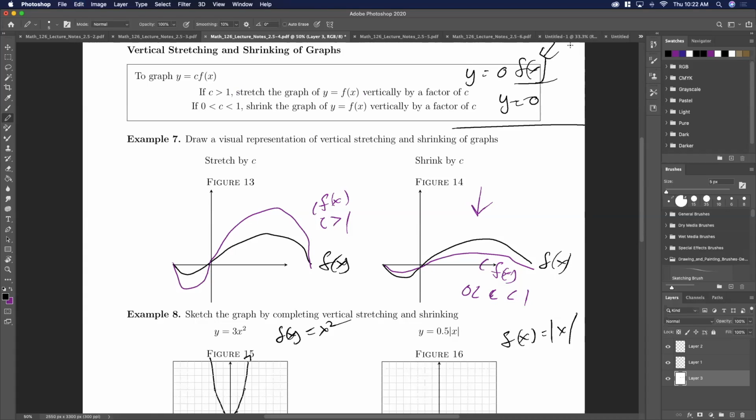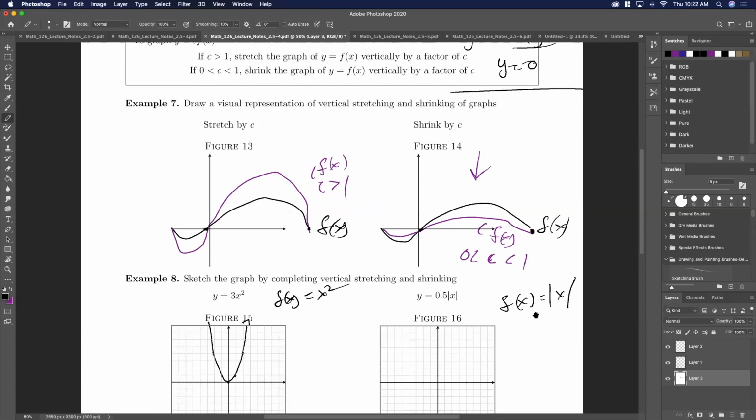I meant the zeros should still end up at the same point, because 0 times 10 would still be 0, right? Or 0 times 1/10 is still 0. And so yeah, it should cross the x-axis at the same point. So this should be the same if I drew it correctly. Thank you for clarifying that.